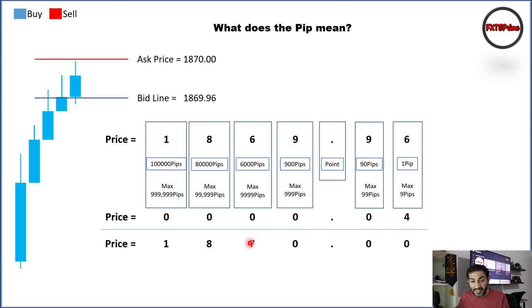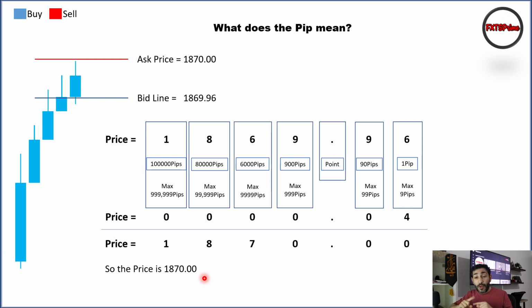Because this is not yet 10, this number will remain the same, and this number will remain the same. So when you increase 4 bips on this number, you're going to have the price of 1870.00. So now you can know how this bip system is working.